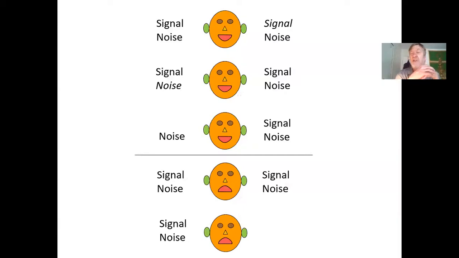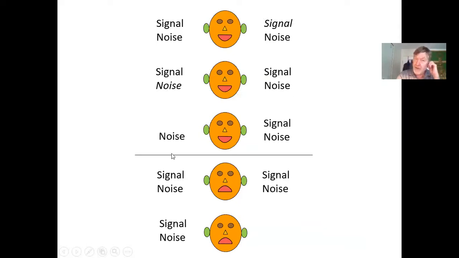And here's my drawing of the same thing, only I've got 5 heads here. And notice the top head, something's different. See how I've got the signal in italics and not on the left? So there's something different here. And if you make the noise a little bit different, now I put the noise in italics and left everything else the same. Something's different here. He's happy.